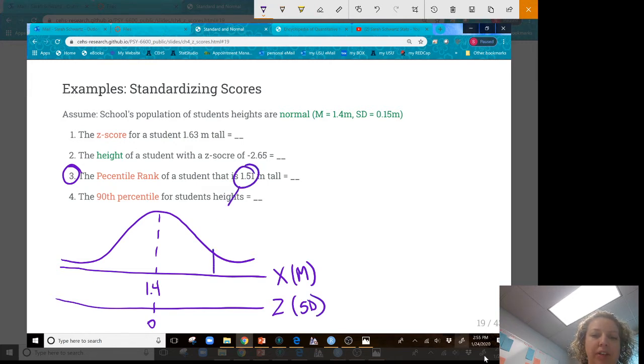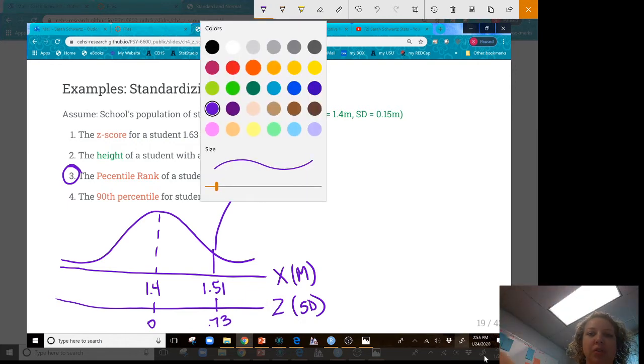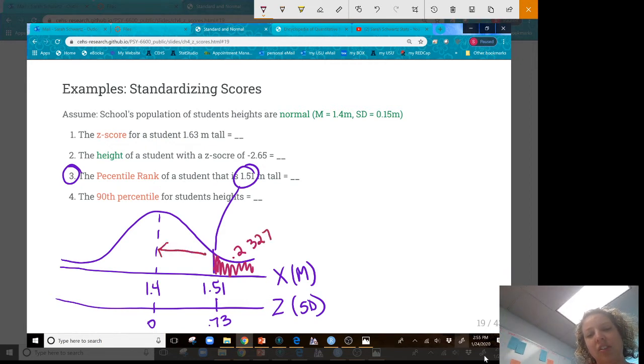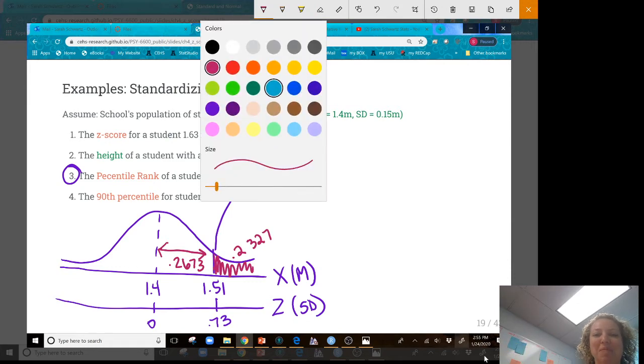Our number that we were given, 1.51 meters, converted to a z-score, we got 0.73. When we looked that up in our table, the beyond area tells us it is 0.2327. It says that the center to z is 0.2673. And here's a bonus question.